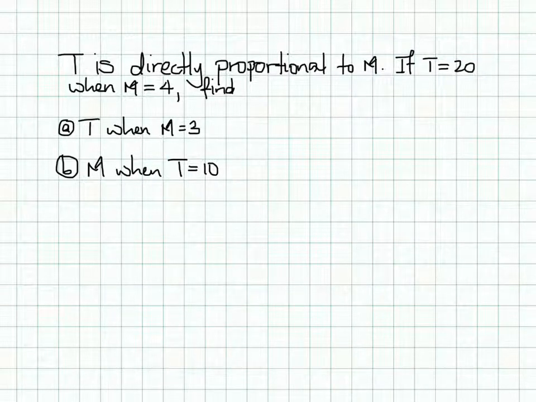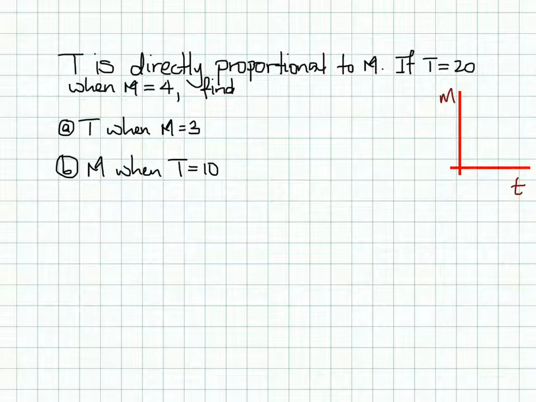Now, before we even think about solving that, we need to consider what the values of T and M are. Quickly imagine a little graph of this, with T down here and M up here.